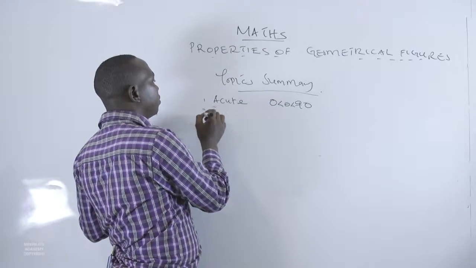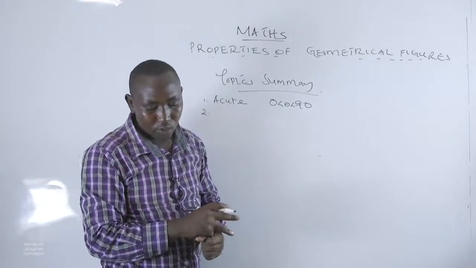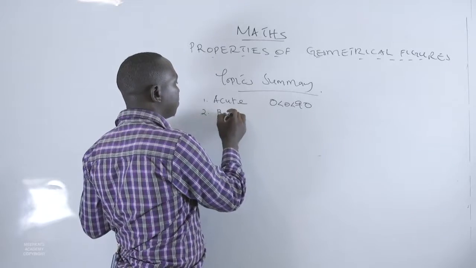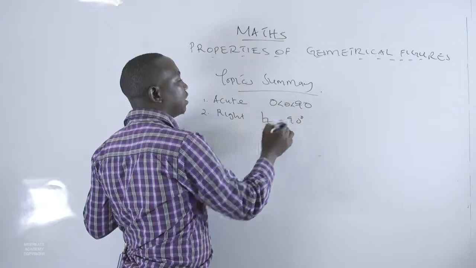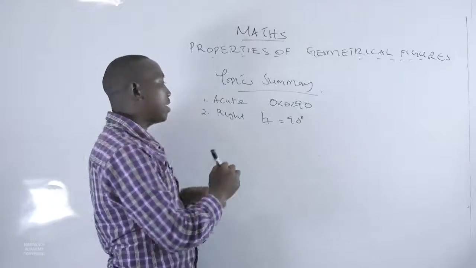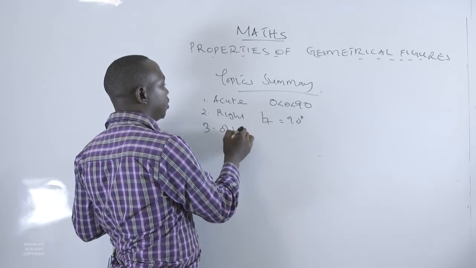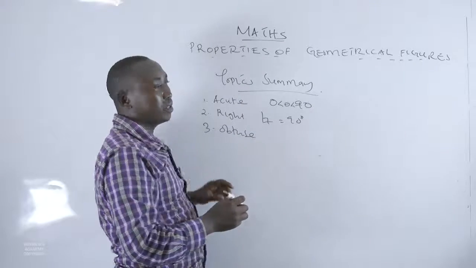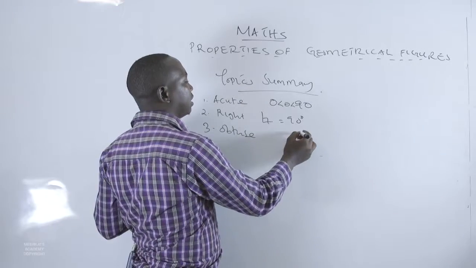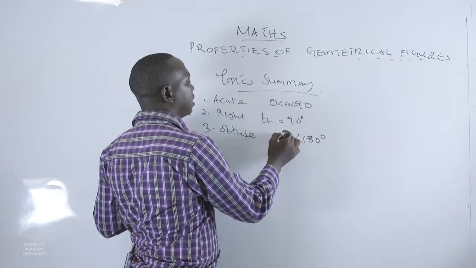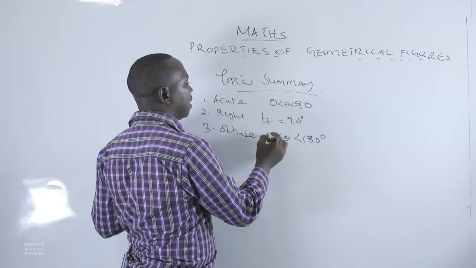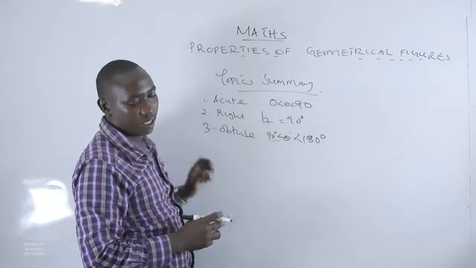Number 2 on the types of angles was a right angle, where we said a right angle measures 90 degrees. The third one is an obtuse angle, where we say that an obtuse angle is less than 180 degrees but more than 90 degrees.